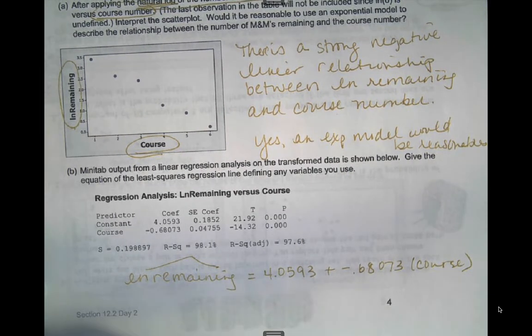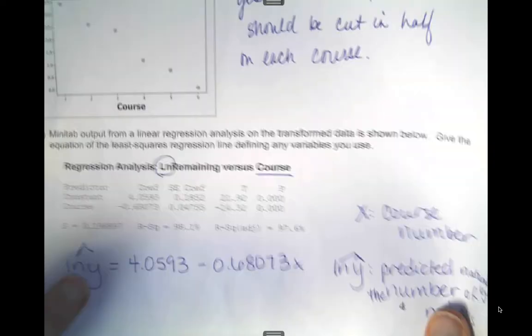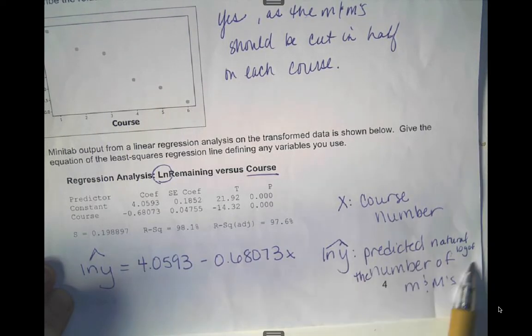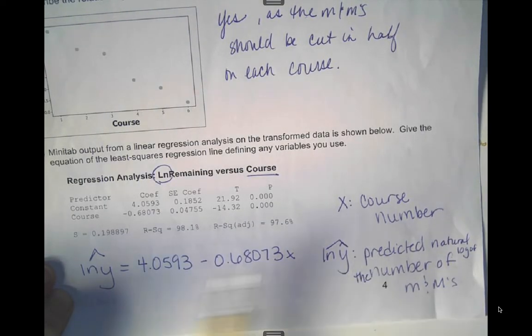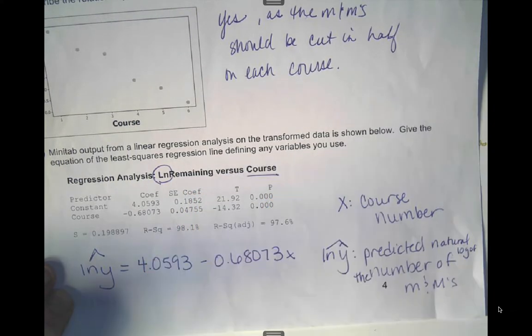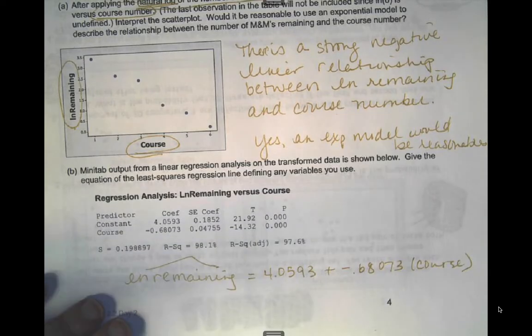If you wanted to do it with variables, you could do it with variables. If you notice here, what I did is I did a predicted natural log of the number of M&Ms. If you only wrote y hat there, just say the predicted number of M&Ms, just make sure you're defining whatever it is that you wrote on that side there, okay?